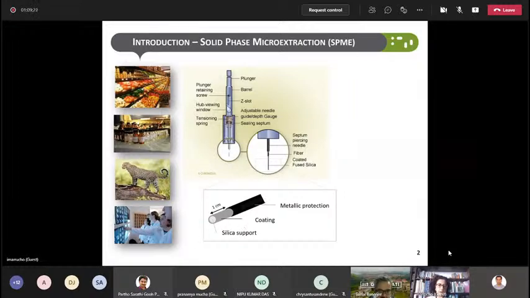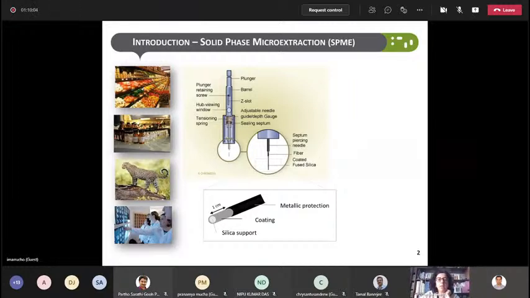In fact, what I have is some sort of a plunger, and when I click on top, the plunger exposes a needle, and on the top of the needle, I have fused silica that is coated with a sorbent. So here I have the silica and here I have the sorbent. The sorbent should be only in this part, in the last 2 centimeters. So this looks like a pen or a small syringe.